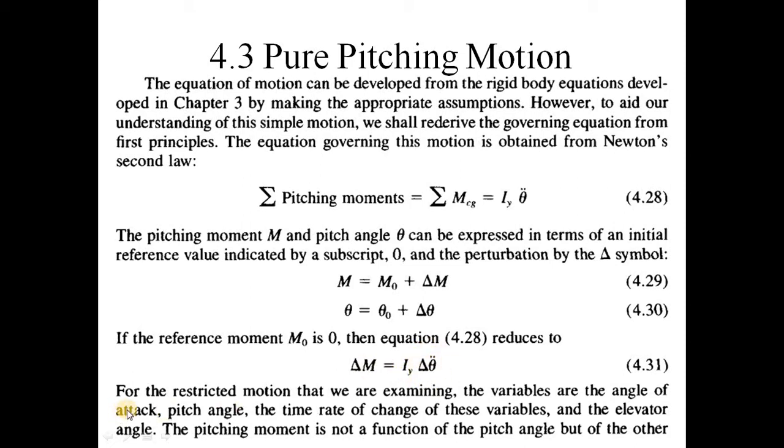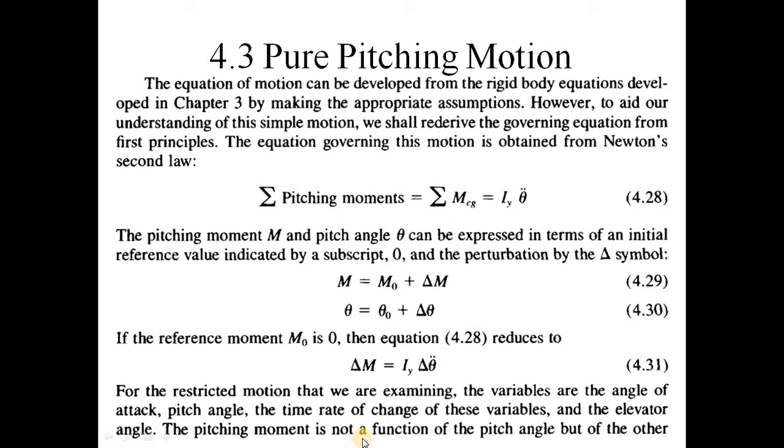acceleration. For the restricted motion that we are examining, the variables are the angle of attack, the pitch angle, and the time rate of change of these variables, meaning the time rate of change of angle of attack and the time rate of change of pitch angle, or q, and the elevator angle.